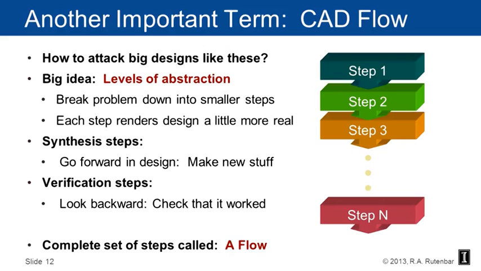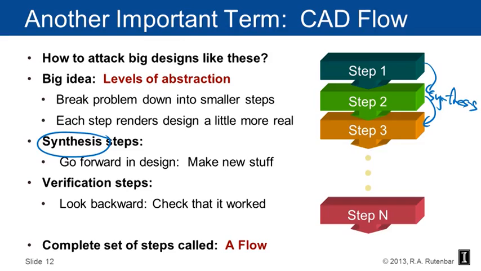Another important term from this class is a flow. How do you attack big designs like this? Well, the big idea is levels of abstraction. You break the problem down into smaller steps, and every step renders the design a little more real. So the synthesis steps, those are the ones that go forward in the design.